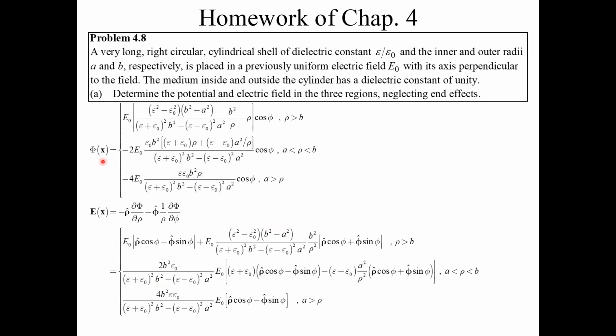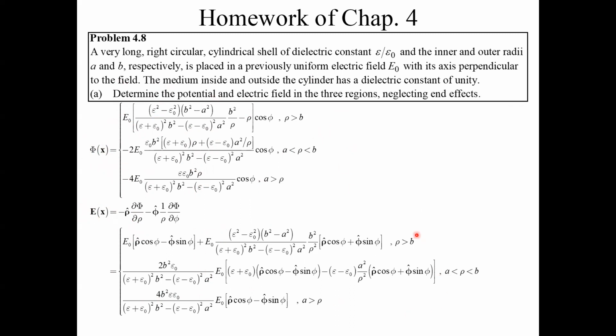Finally we can give our potential like this. After we finish the heavy calculation, our electric field will have the form like this. So this is our answer for part A.